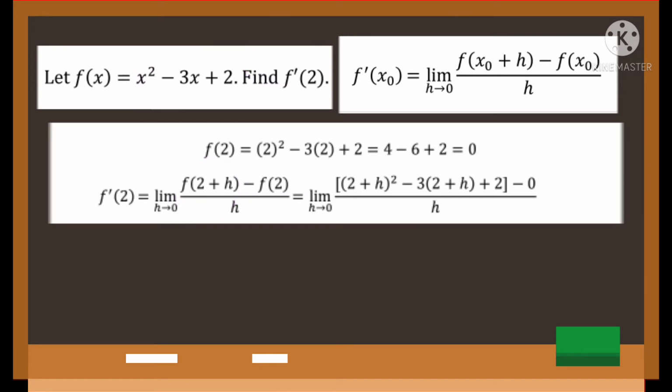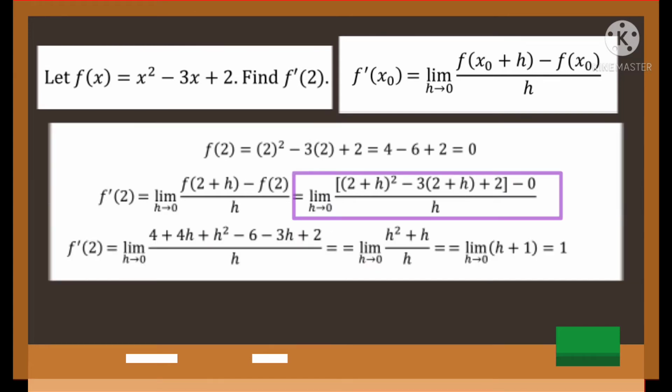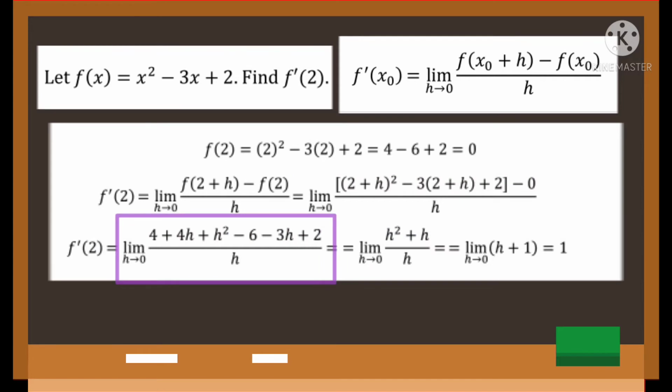And this is what we will get. Expanding some expressions and combining some terms, this will become, which simplifies to, by direct substitution, the value of this limit is equal to 1. Hence, f prime of 2 is 1.